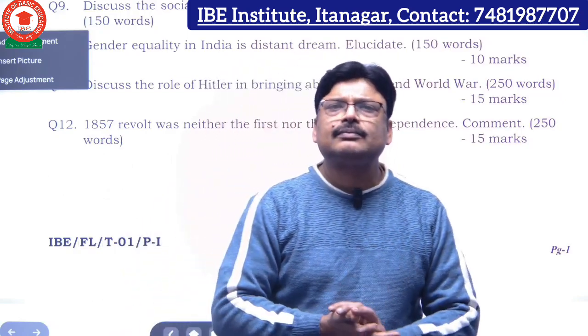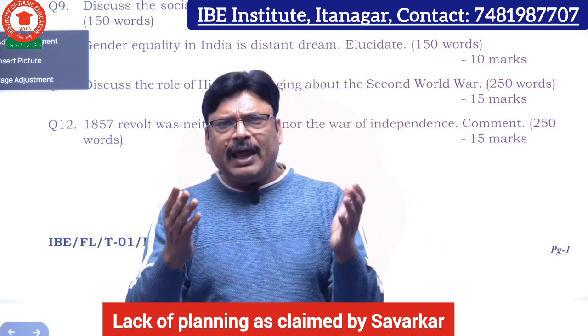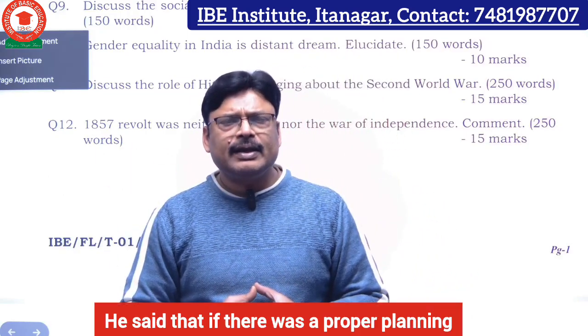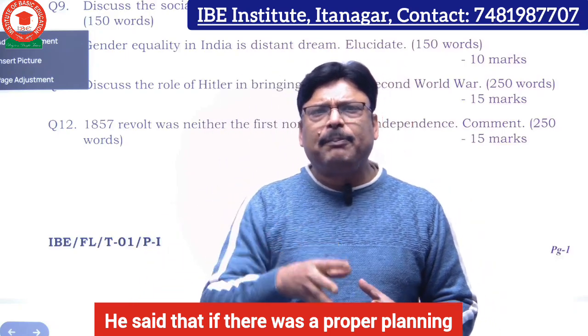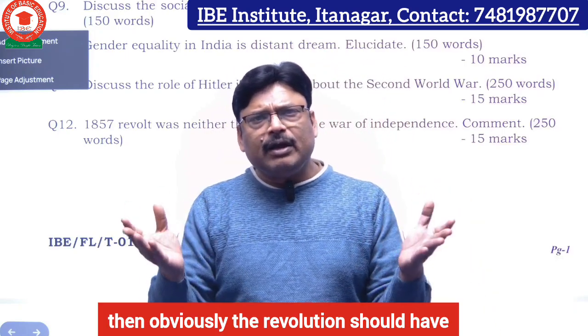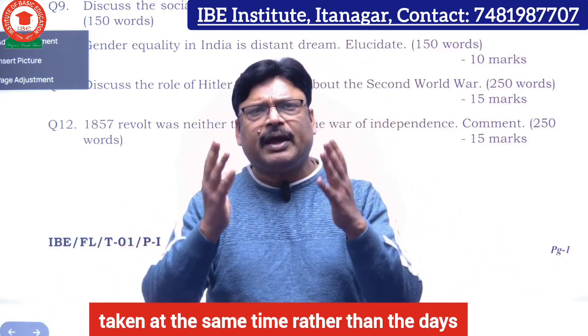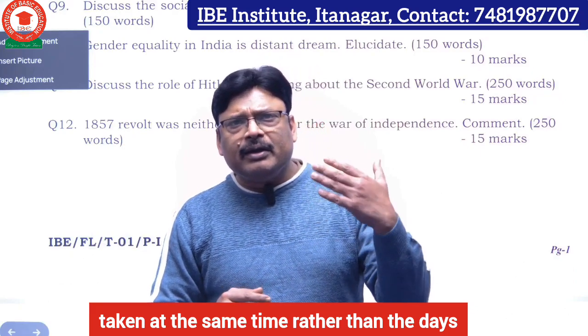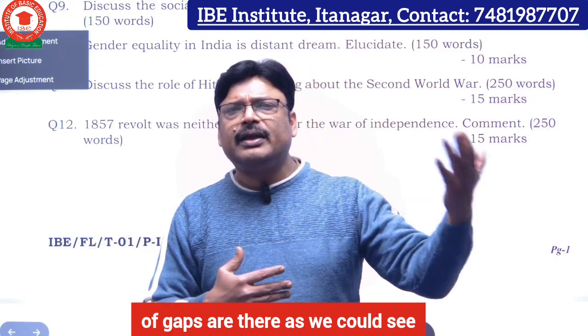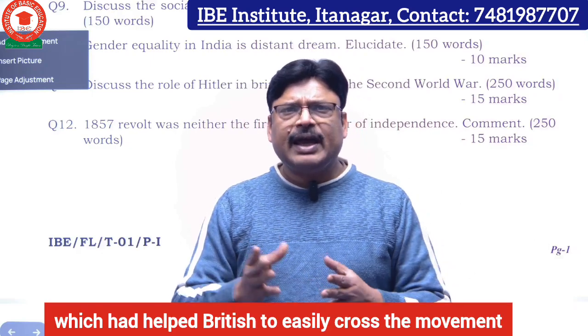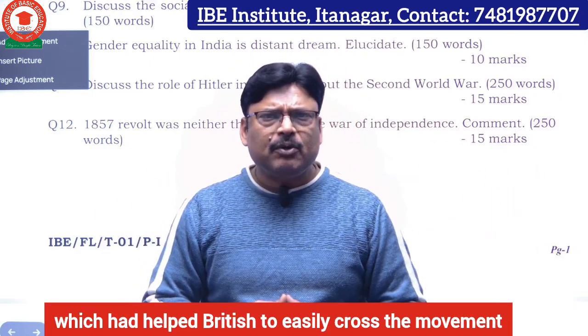First one, right? Lack of planning, as claimed by Savarkar. He said that if there was proper planning, then obviously the revolution should have taken place at the same time, rather than with days of gaps as we could see, which helped the British to easily crush the movement, right?